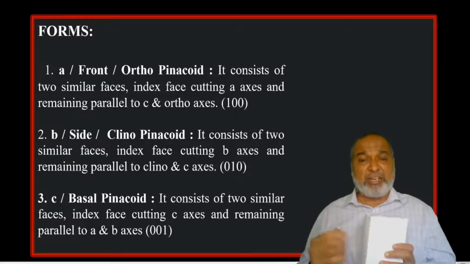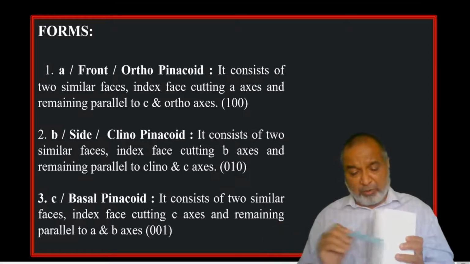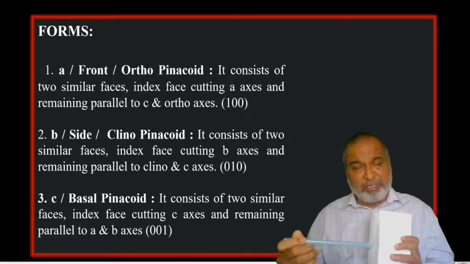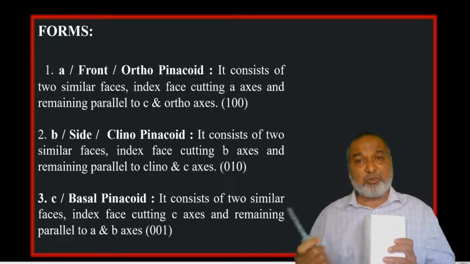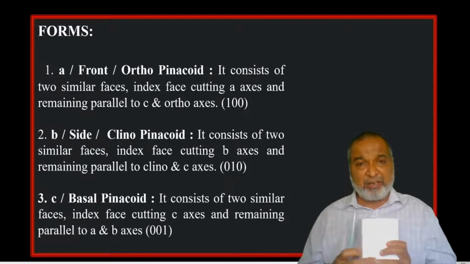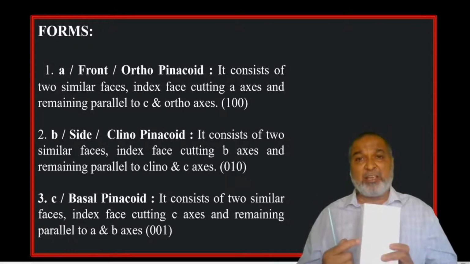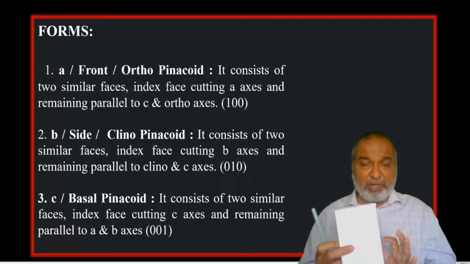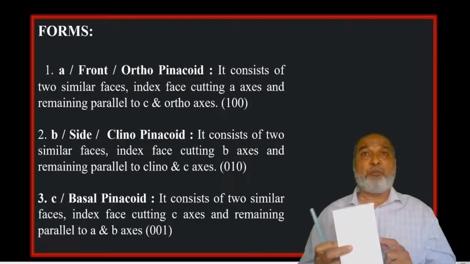So here the indices will be 0 for the A axis, B is going to cut, C remains parallel. So 0, 1, 0. This side is positive, and this is minus. Here it will be 0, 1, 0. If you make out the indices of this face, it is 0, bar 1, 0.